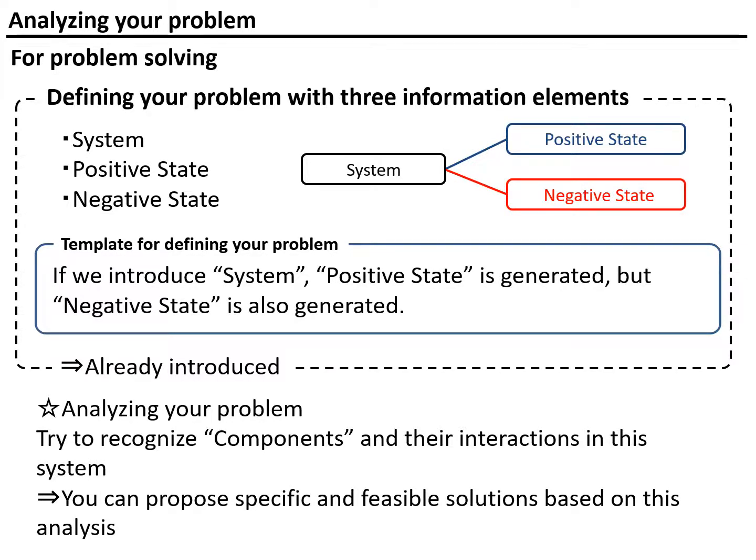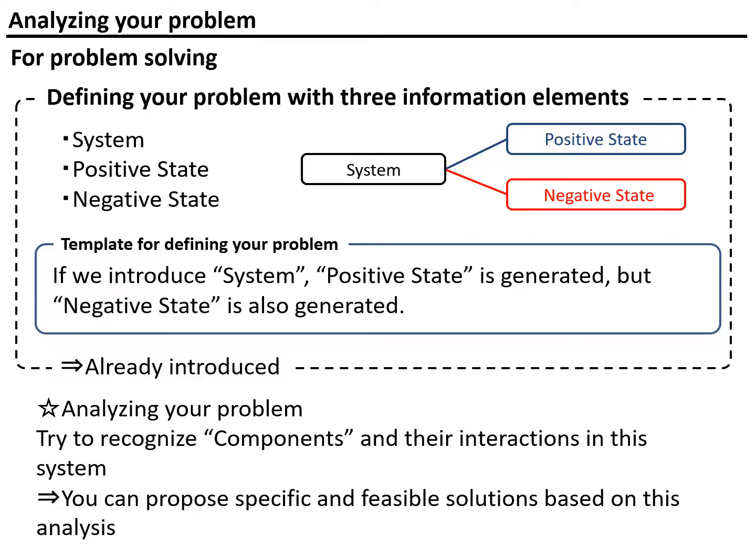So when you are analyzing a problem, after defining your problem by using this template, you should analyze your problem. In the process of analysis, try to recognize components and their interactions in the system of yours.